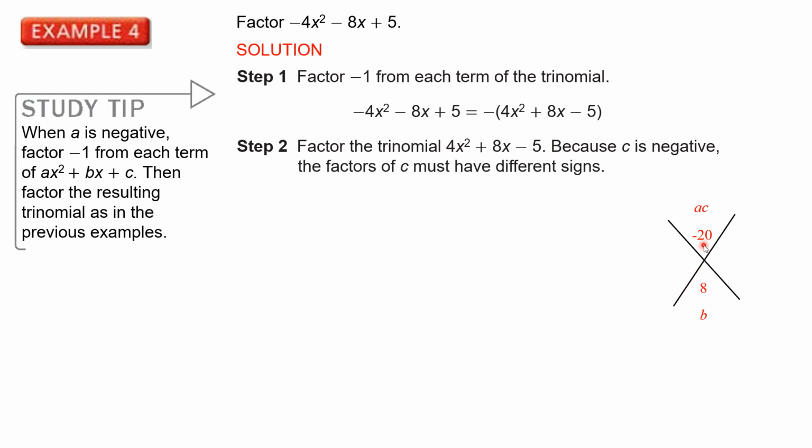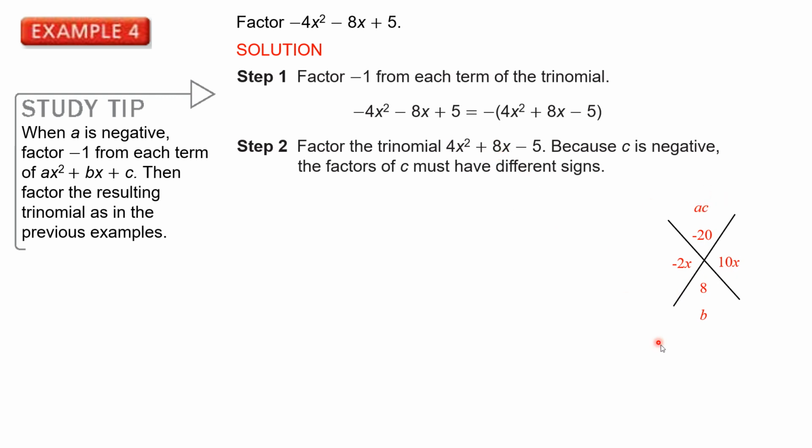Well, the 2 factors have to be opposite in sign because you're subtracting. But 2 times 10 is 20, and if you take 10 minus 2, you get 8, and 8 is positive, so that means I'm going to use -2 and positive 10. So when I combine them, that gives me a positive 8x like I had in the middle term.